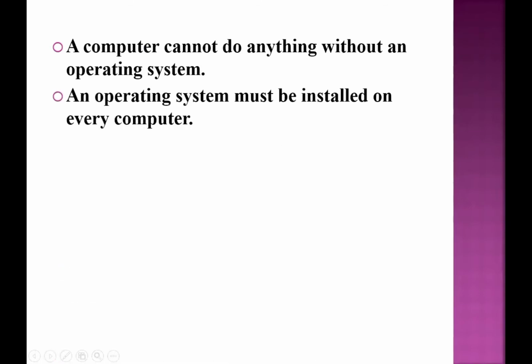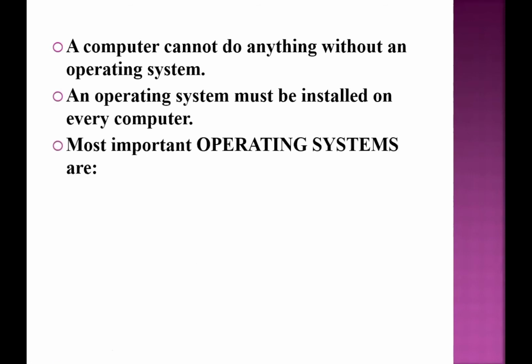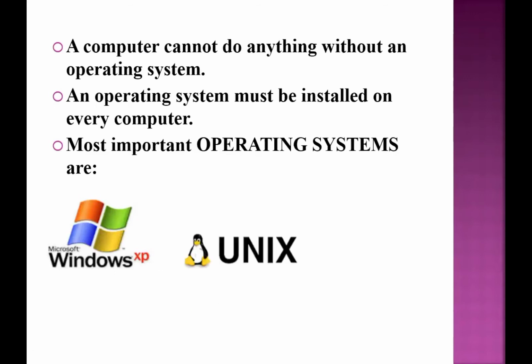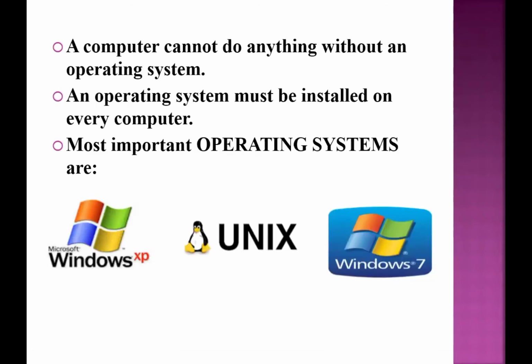An operating system must be installed on every computer. The most important operating systems are MS Windows, Unix, Linux, and Windows 7. Some examples are Windows XP, Unix, Windows 7, Windows 8, Linux.